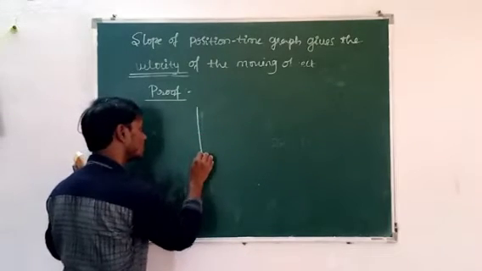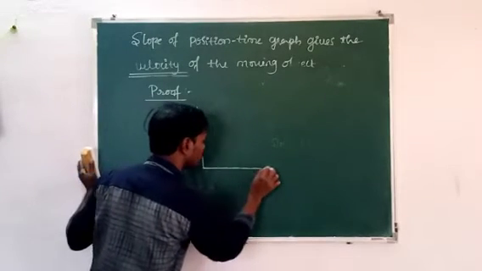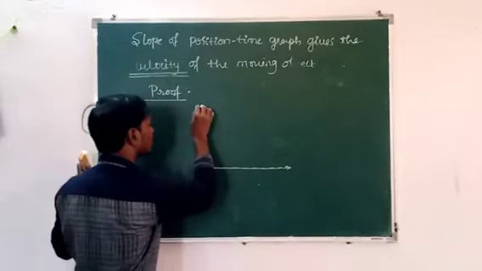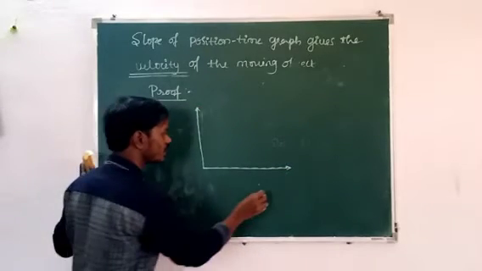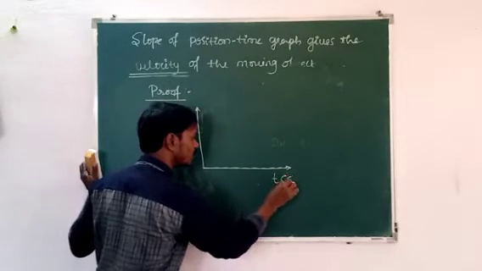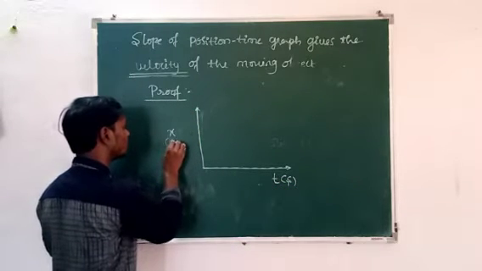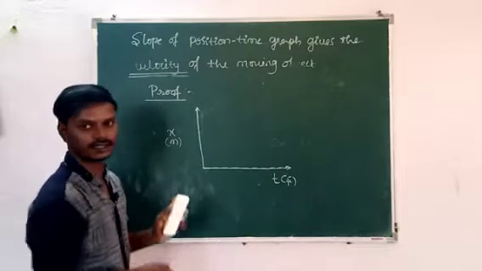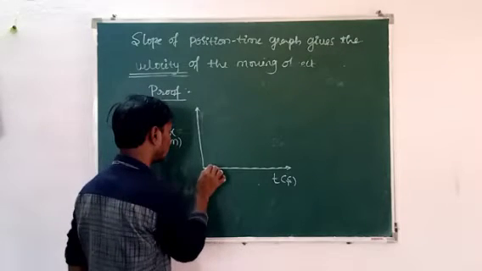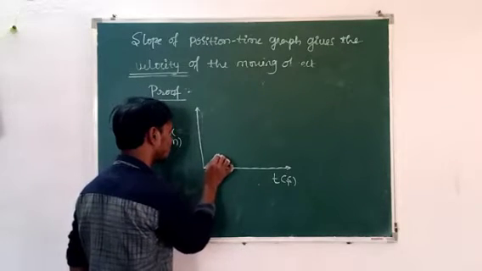Again, along the x-axis I will take time. Here time is in second, and along the y-axis we are going to take the position of the object, that is in meter. Then let us consider the object is moving with uniform velocity.